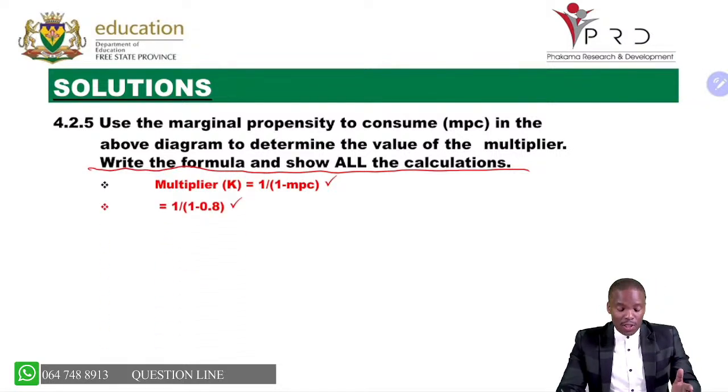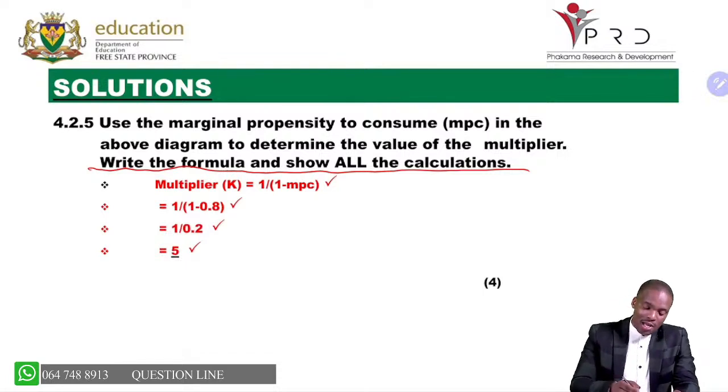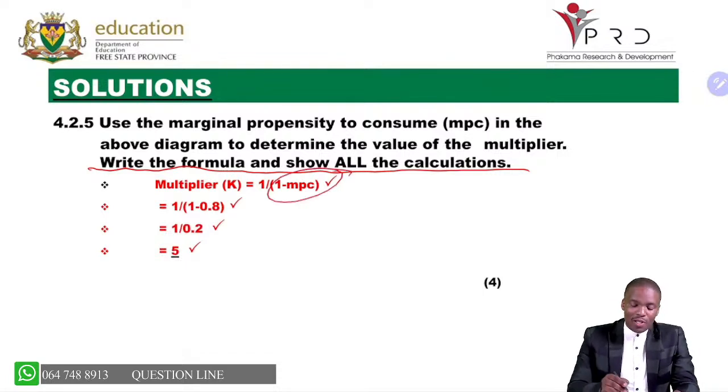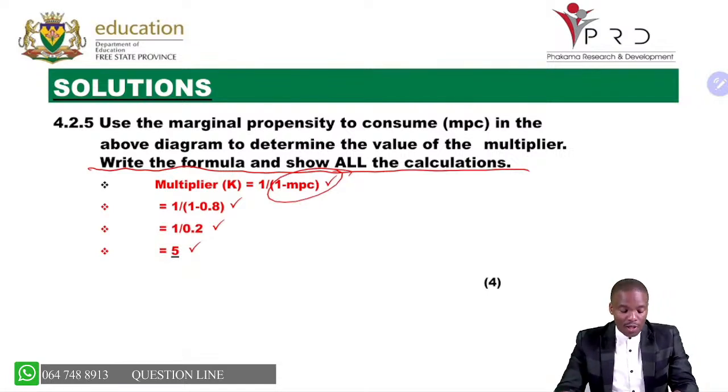Where we now substitute, we know that the MPC is 0.8. So we'll say 1 over 1 minus 0.8. Then that gives us 1 over 0.2. And then our answer there is 5. Another common error: you find that the formula is not written, so 1 mark is already gone.